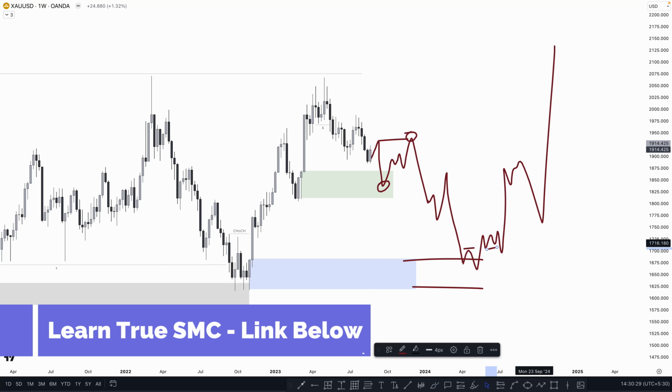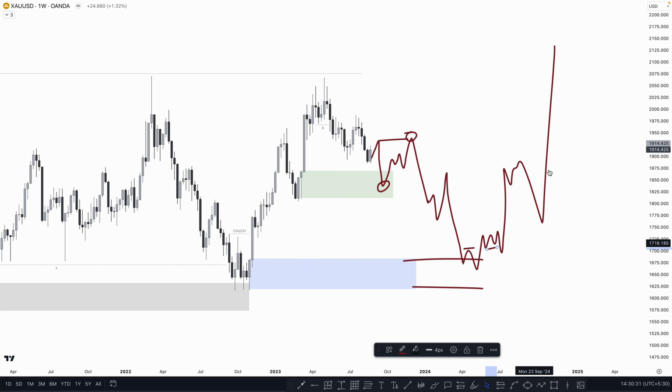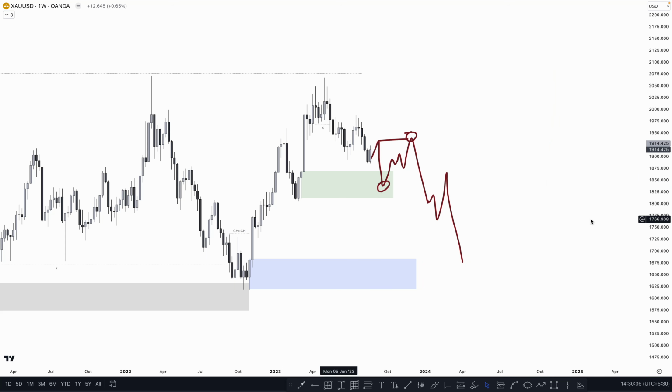So this is a possible scenario based on the weekly time frame, and this is a weekly demand zone, so you have to wait for at least a 4-hour CHoCH flip for the confirmation, right? So this is a possible scenario, and right now what are you looking for here? You have to wait for it to mitigate this one, and then we can buy to the upside, right, based on a weekly time frame perspective.